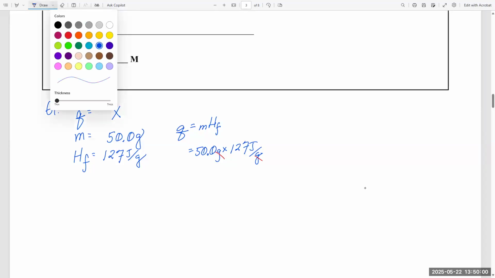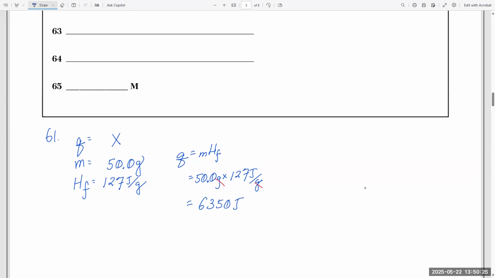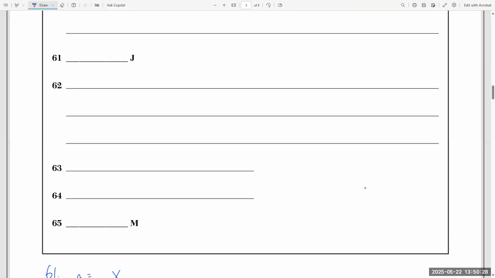I'm not doing that in my head, I'm going to do it in my calculator. If you put it into your calculator, what do we get? We get a value of, I believe, 6,350 joules. Now, what's the sig fig? It is 3, so we're good to go. So for 61, it's 6350, just like that, okay?